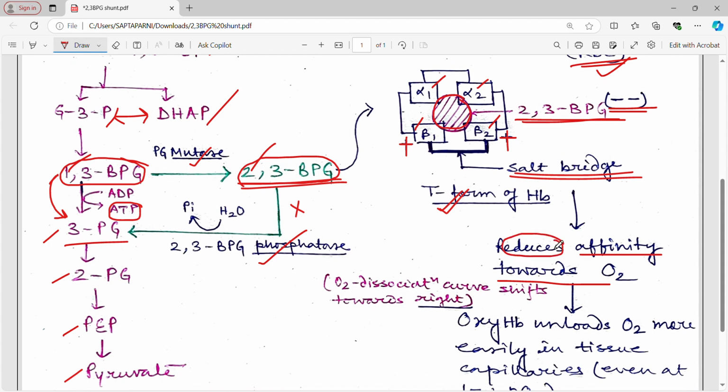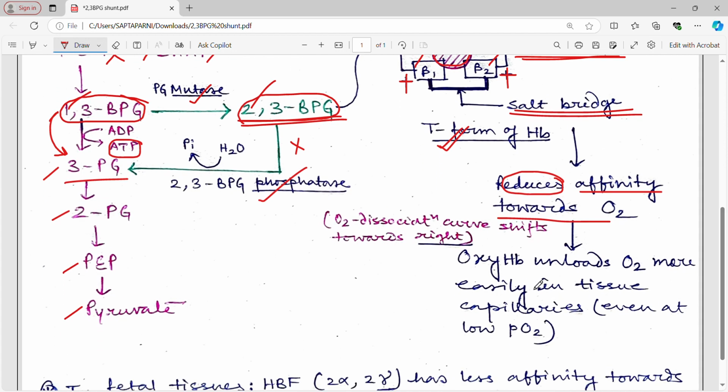In this T form of hemoglobin, the affinity of hemoglobin towards oxygen is reduced. So now the T form of hemoglobin, in the presence of 2,3-BPG, binds less oxygen; rather they unload more oxygen to the tissues. So the dissociation of oxygen and release to the tissues becomes much faster when 2,3-BPG is attached to it, and as a result the oxygen dissociation curve shifts to the right.